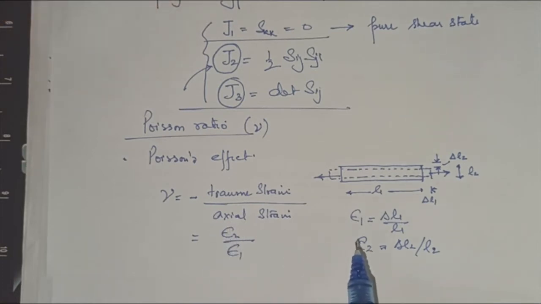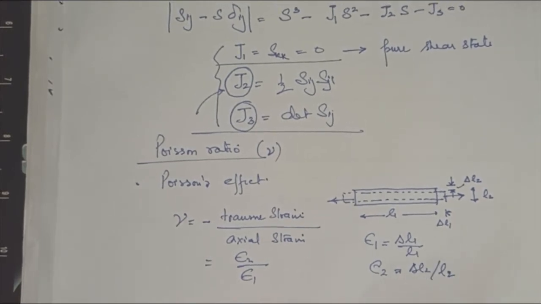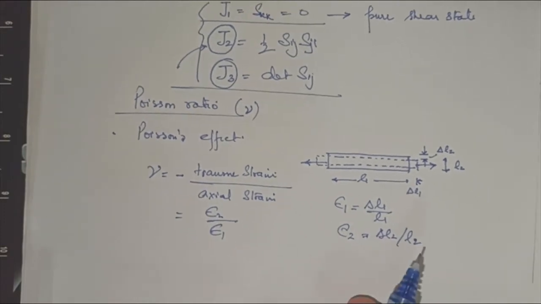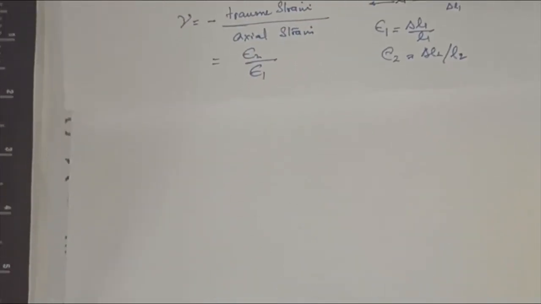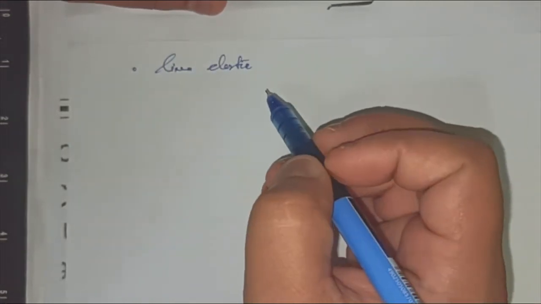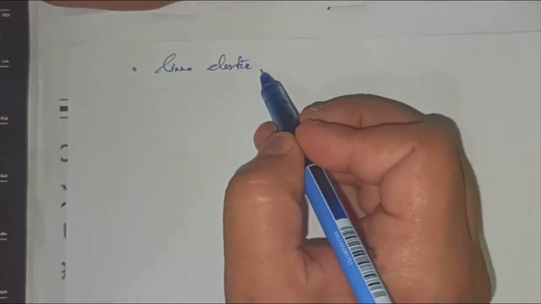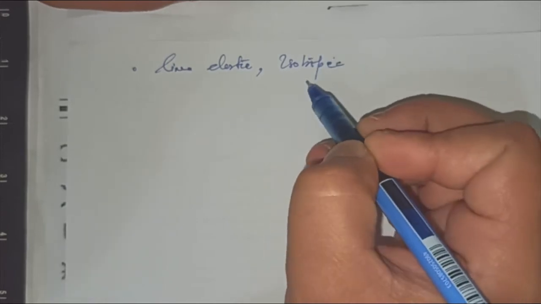This Poisson's effect is shown by many materials, and the Poisson's ratio of a stable linear elastic isotropic material usually varies between -1 and 0.5. I'll tell you what this is. A linear elastic material behaves linearly, and it is also elastic, and isotropic.